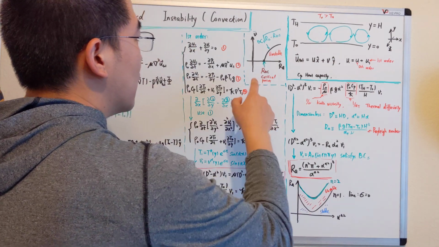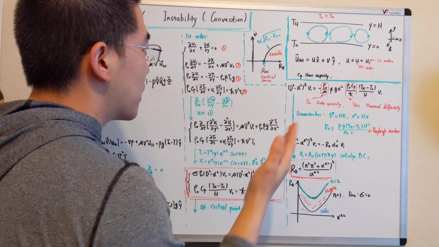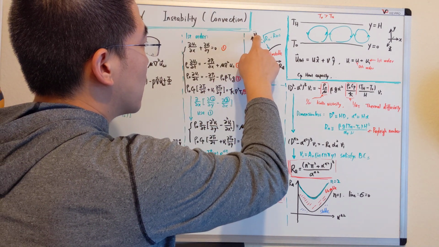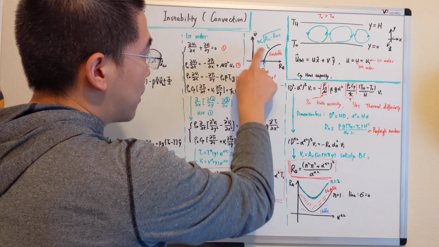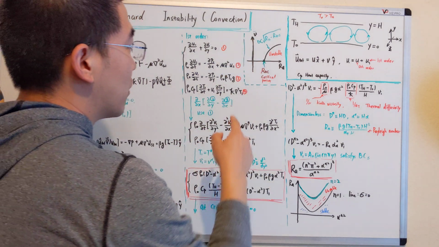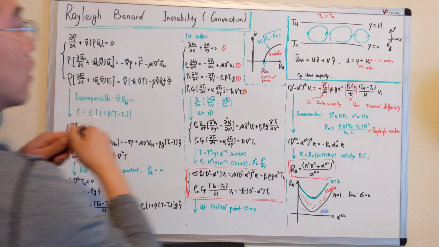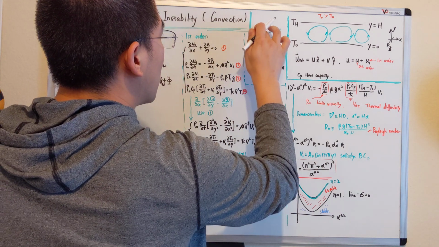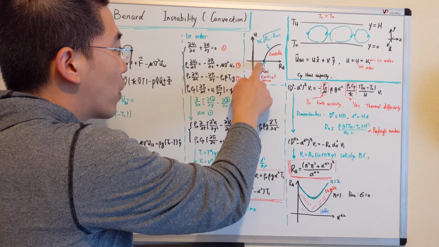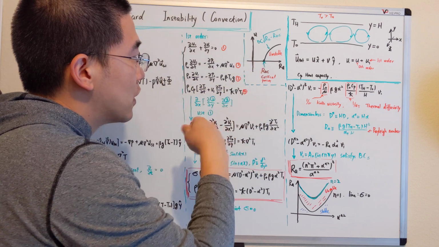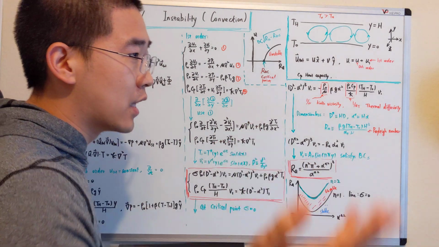Maybe with further investigation or numerical calculation, we can have this plot, where the x-axis is the Rayleigh number and the y-axis is V1. Basically, before a certain point there's no V1, so it's in a steady state.